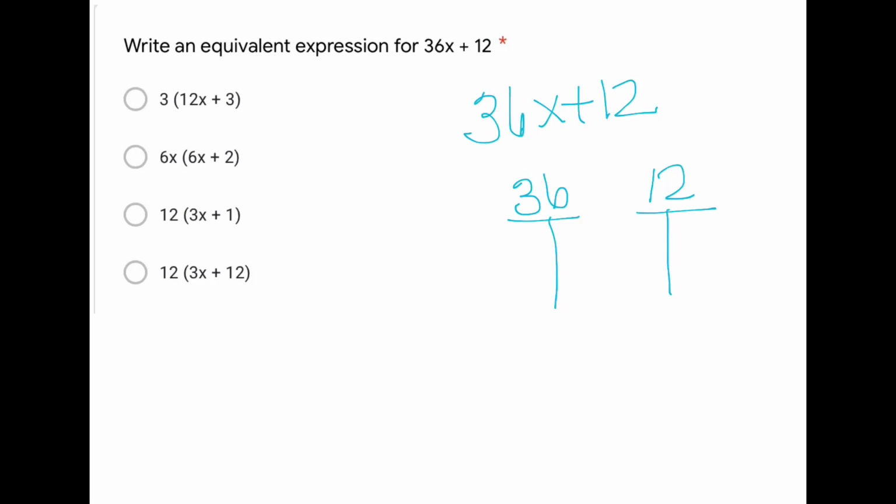So for 36, we have 1 and 36. We have 2, and 36 divided by 2 is 18. 3 and 12, since 36 divided by 3 is 12. 4, and 36 divided by 4 is 9.